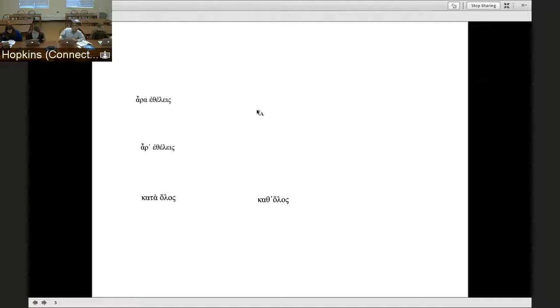Yeah. There's my example of katholos, there on the whole. Kata hamon would be kathamon. A pi will become a phi, apa helados becomes aphelados, but that's pretty much it.